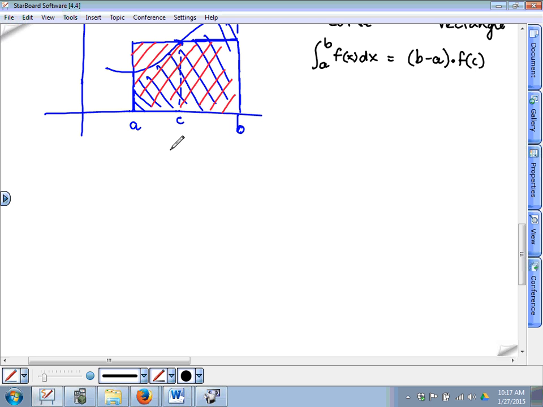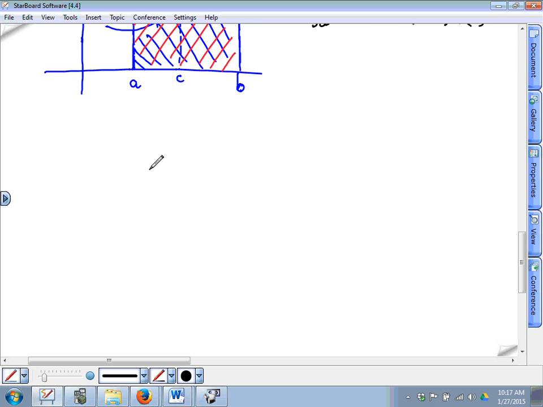Okay. So here's an example of what you would see in your homework and on your test regarding the mean value theorem. Example. f of x equals x to the third.